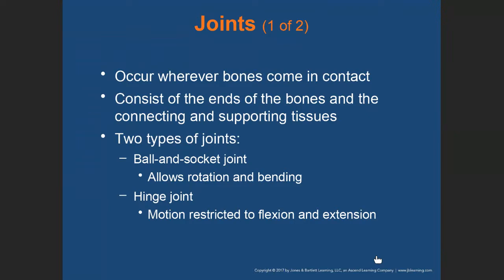Or it's a joint that has no motion, like a fibrous joint. The joints found in the skull and the pubic symphysis, which is a joint in the pelvis, are fibrous joints; they don't move. So the joints fall in 3 categories: free movement, limited movement, no movement.